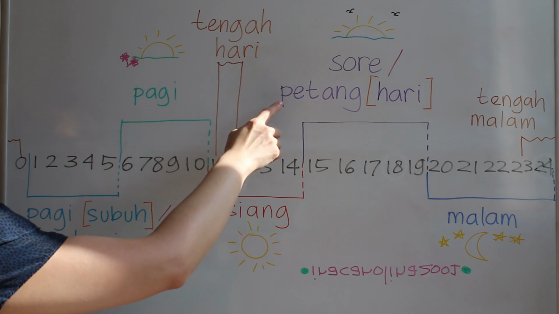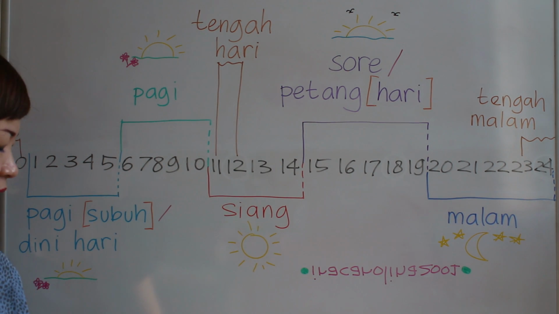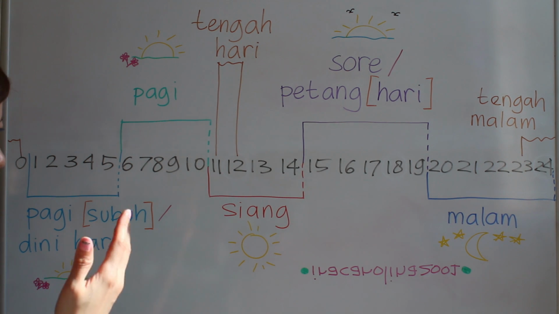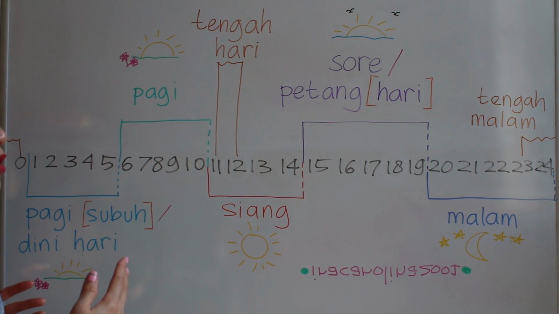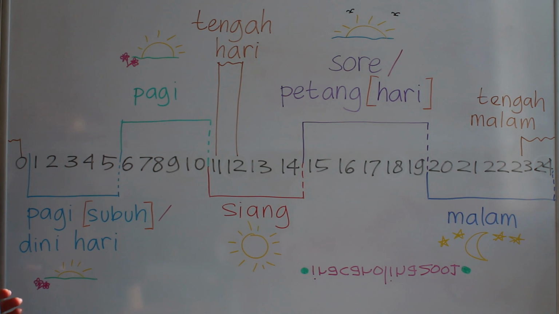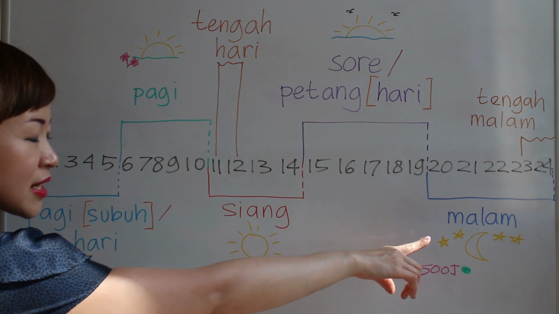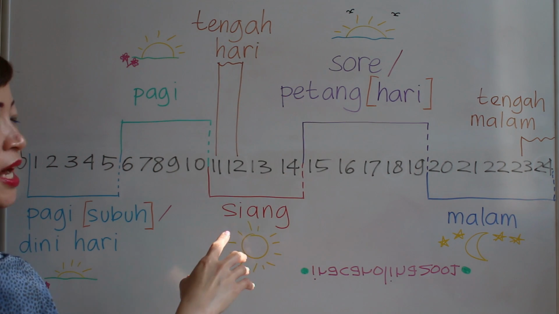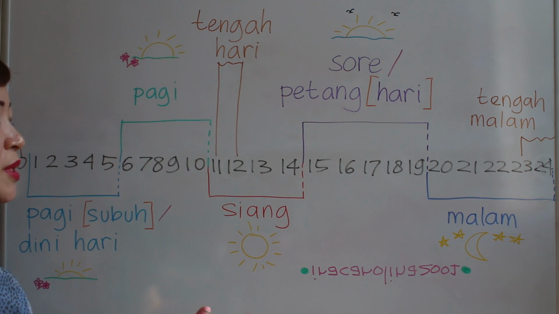Sore and petang, they all mean afternoon, but in English, afternoon is considered as night too. In Indonesia, afternoon is considered in between the mid of the day and night, but you cannot say it as night, even though sometimes we translate it as afternoon.